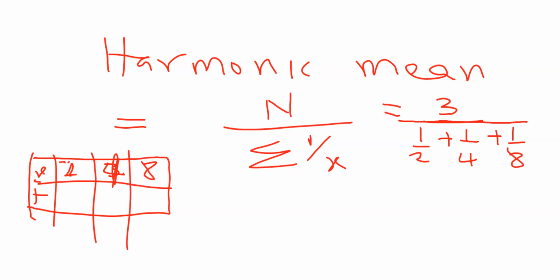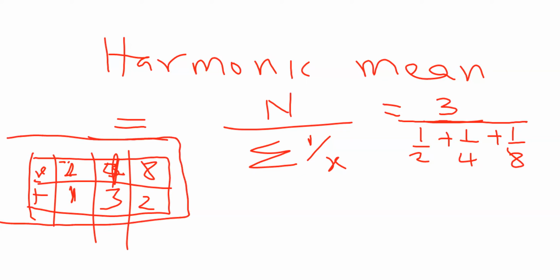This frequency, maybe I have 1, maybe 3, maybe here is going to be a 2. Assuming this is a table, which means a variable and frequency.